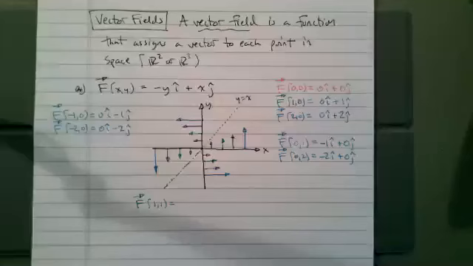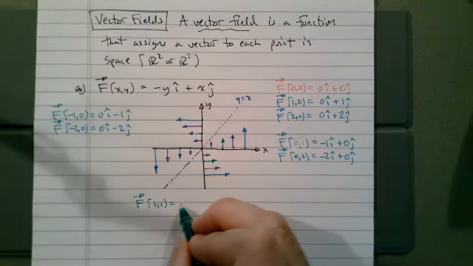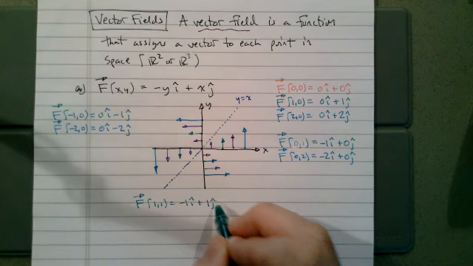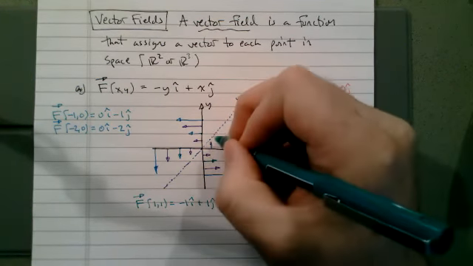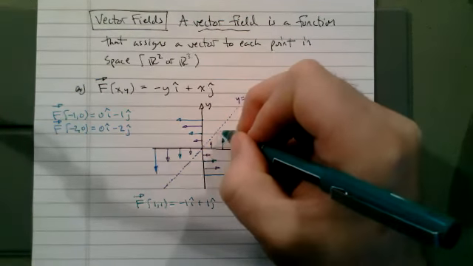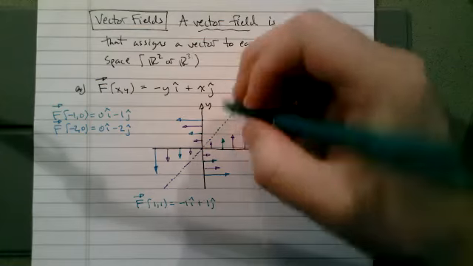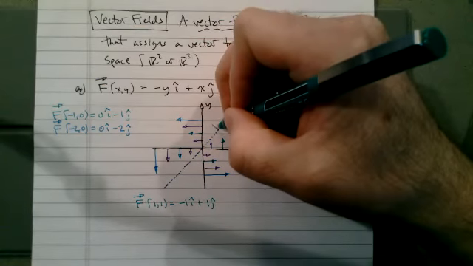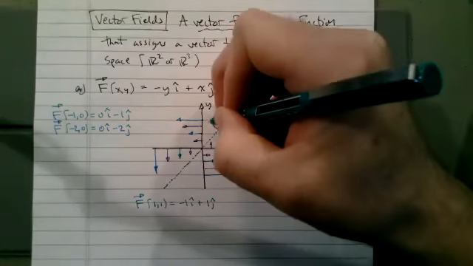The vector at 1, 1 will have negative 1 for y, so negative 1i, plus 1 for j. So at this point, 1, 1 will be going in negative 1, 1 direction. So we'll be going perpendicular to the y equals x line.